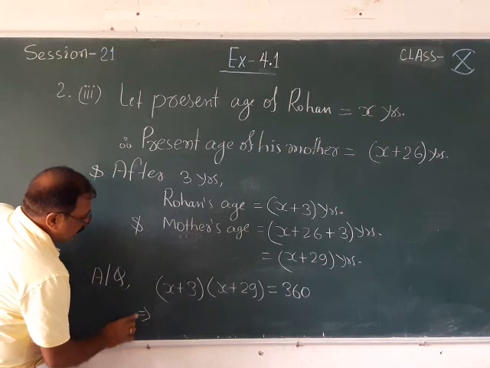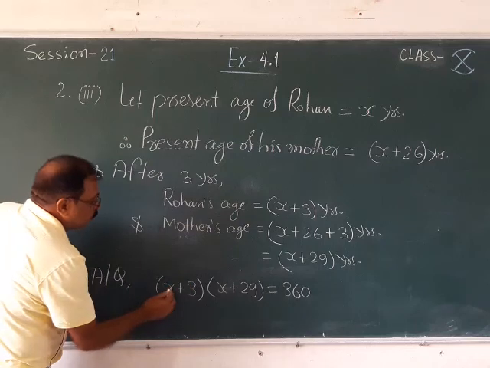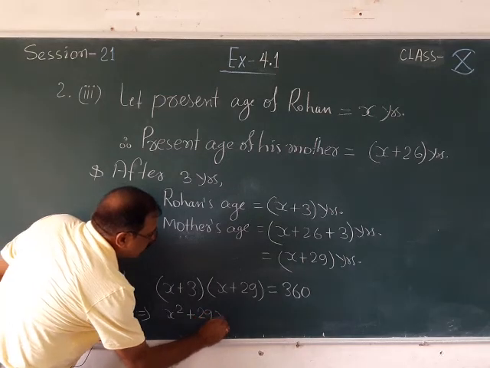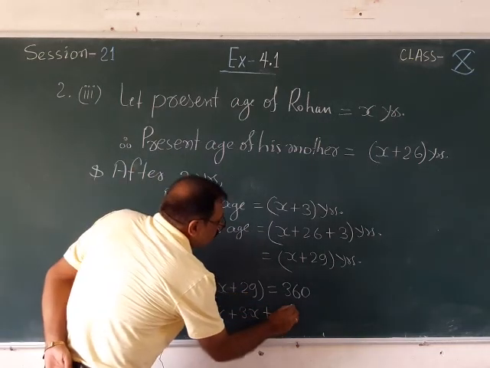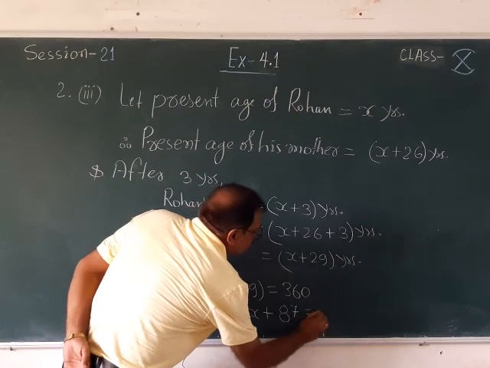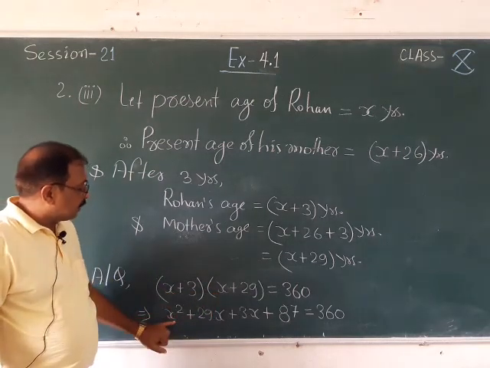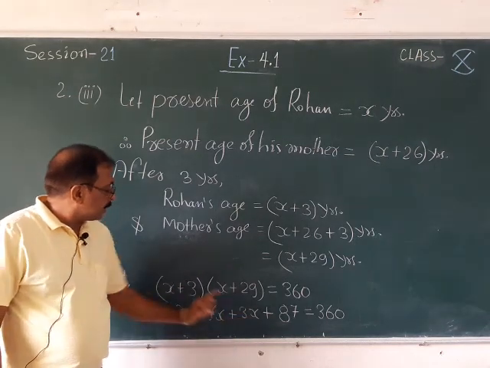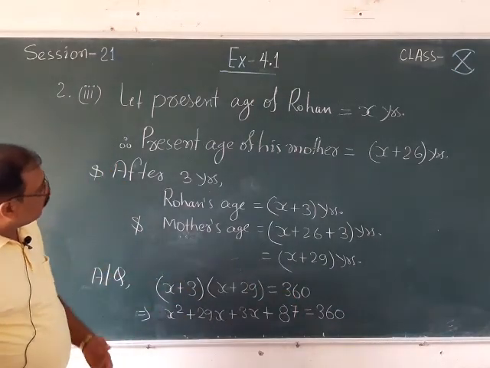Multiply x plus 3 and x plus 29 and find the product of these two. x into x becomes x square, x and 29 becomes 29x, 3 and x becomes 3x, and 3 into 29 becomes 87, that is equal to 360. Till here you copy down.